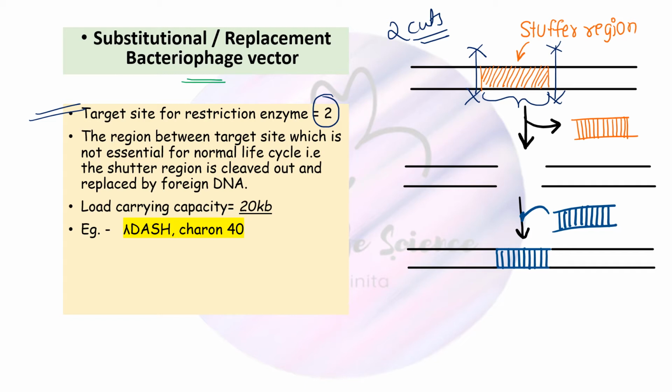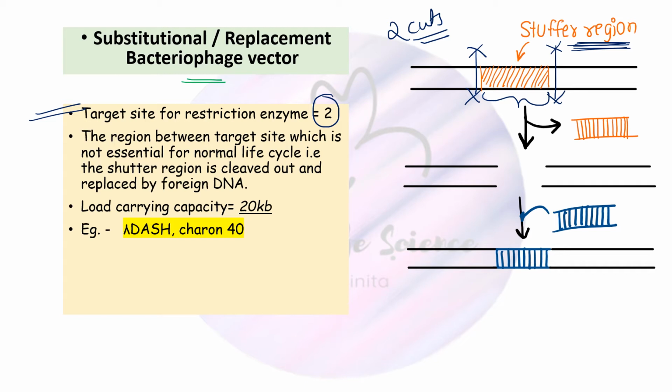Many times the genetic material of the bacteriophage consists of a sequence which is known as the stuffer region. This stuffer region is not essential for the normal life cycle of the virus. It does not have any essential role in the survival of the virus. Therefore you can use this stuffer region as a replacement site for foreign DNA insertion.